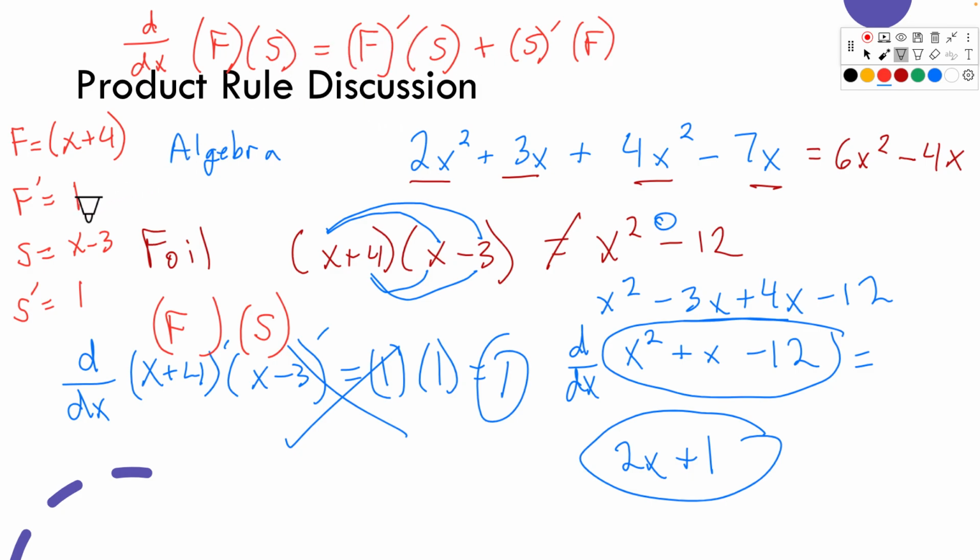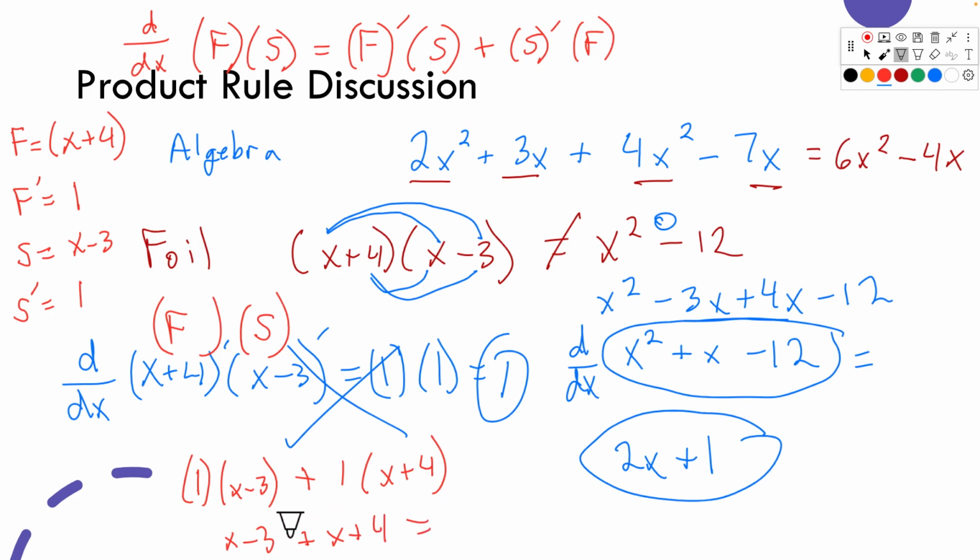Derivative of the first one, well, that's 1, times the second function, x minus 3, so the original, plus the derivative of the second, which is 1, times the first one unchanged. So we distribute through the 1, so that gives us x minus 3 plus x plus 4.